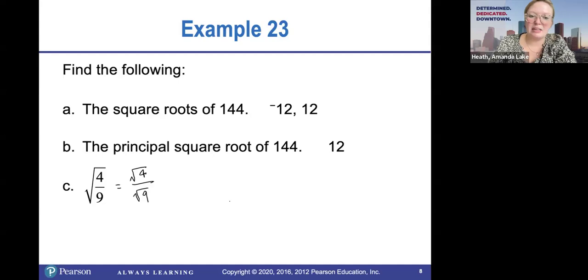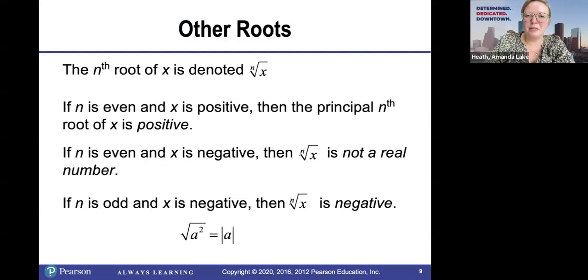So if we think about this as 4 times 1 over 9 to get our 4 over 9, then we can apply the square root to both of those. The square root of 4 is 2, and the square root of 9 is 3, because we're talking about the principal square root in both of those. So the square root of 4 over 9, principal square root, is just 2 over 3, or 2/3.